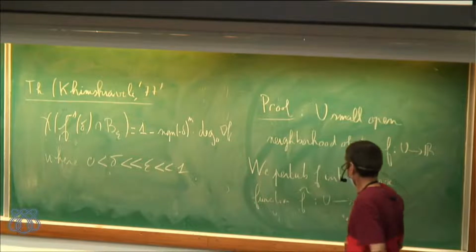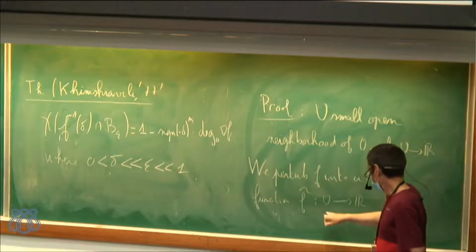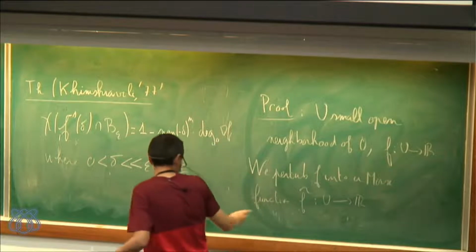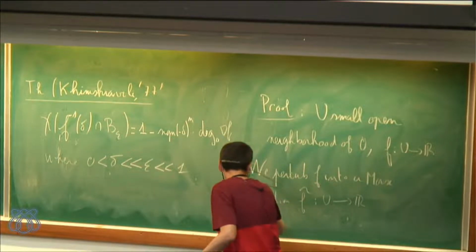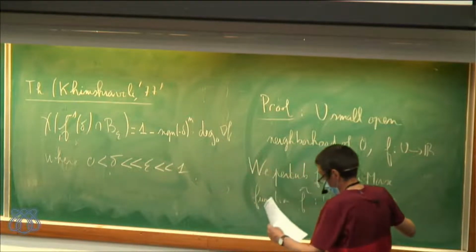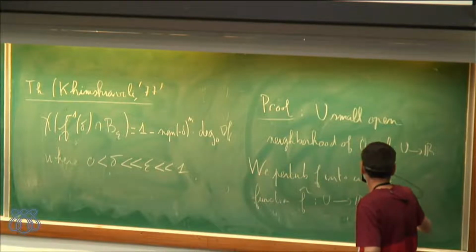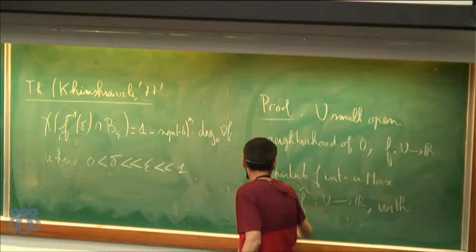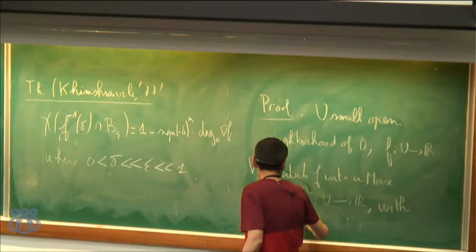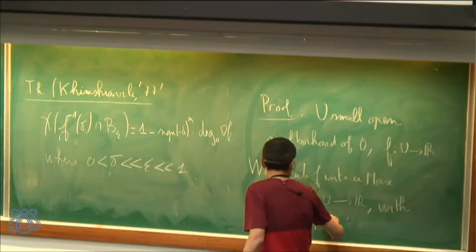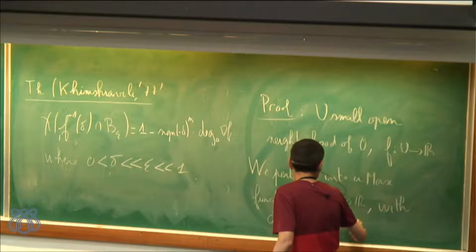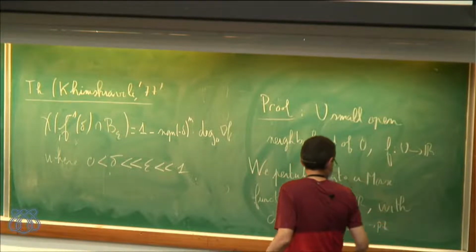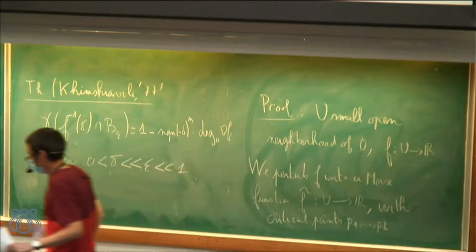If it is Morse, it has a finite number of critical points, and they are non-degenerate, with critical points p_1, ..., p_k. Okay, so now I can make a picture.